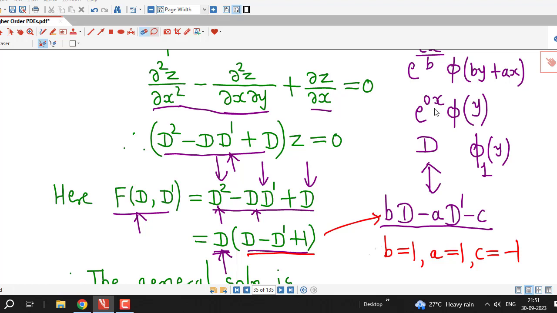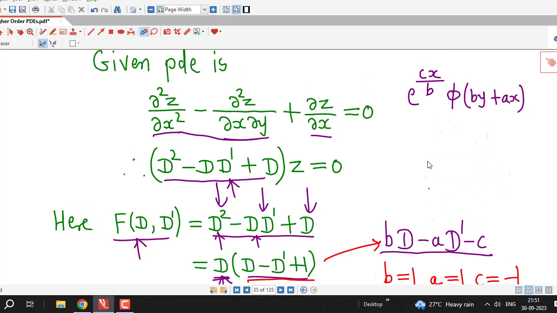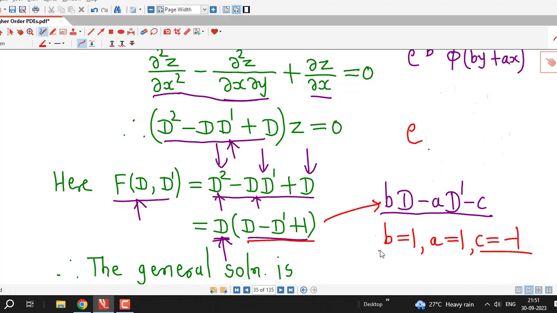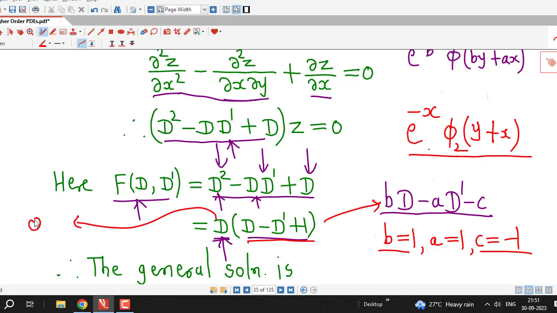So what will be the part of the general solution corresponding to this? That is going to be e to the power c by b. C is minus 1, b is 1, that is c divided by b is minus 1 into x. Another arbitrary function denoted by phi 2, b is 1 and a is also 1. That is we have e raised to minus x times an arbitrary function of y plus x, and corresponding to d it was an arbitrary function of y.